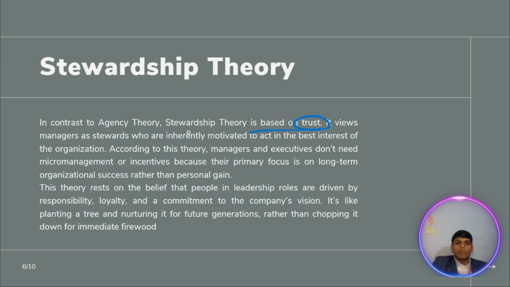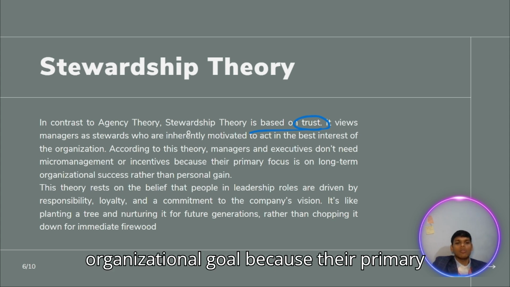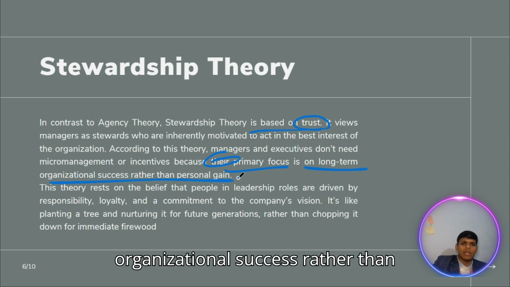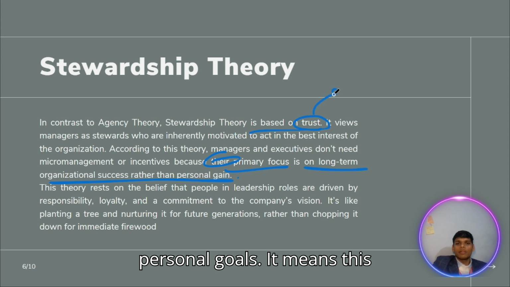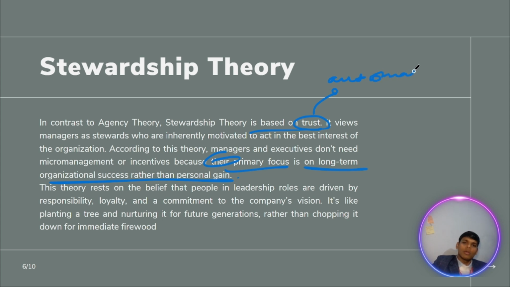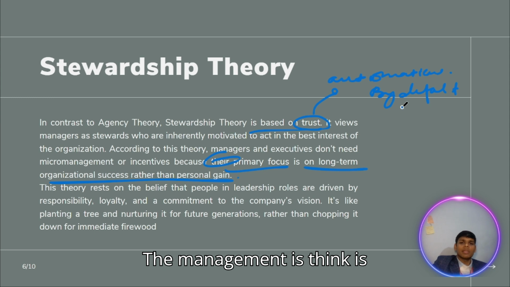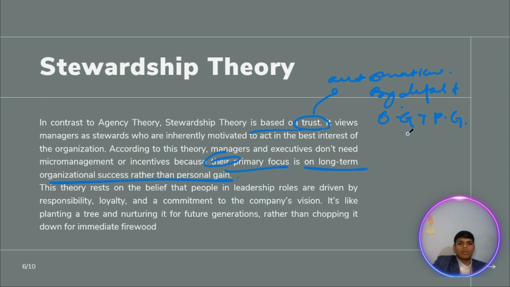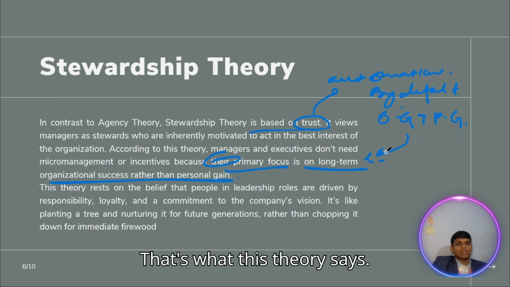According to this theory, managers do not need micromanagement or incentives to work for the organizational goal, because their primary focus is on long-term organizational success rather than personal goals. This theory says that automatically, by default, the management is prioritizing organizational goals rather than personal goals. That's what this theory says.